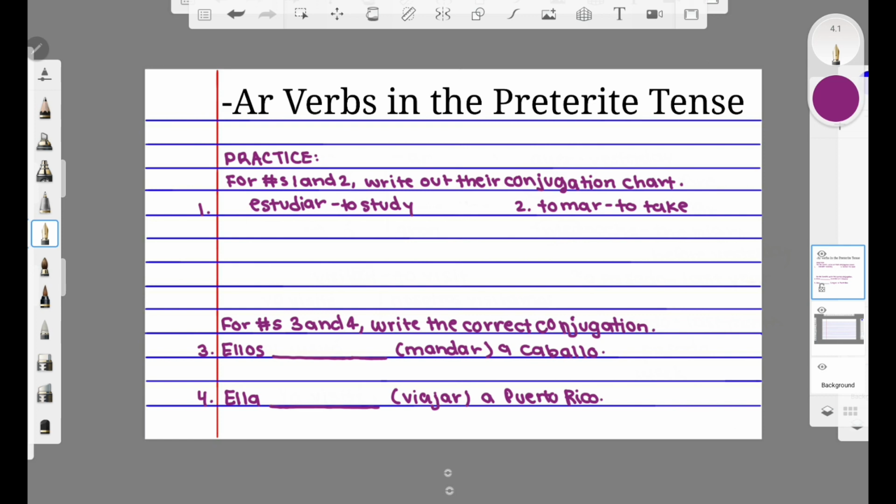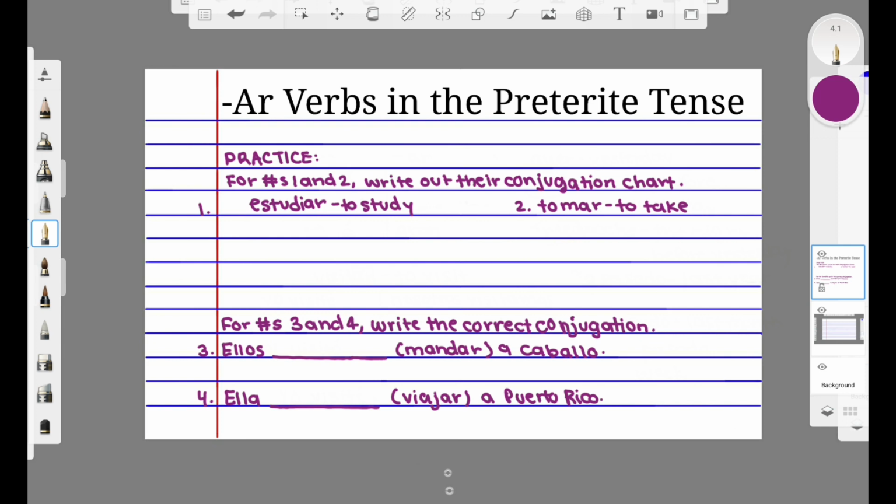All right, now it's your turn to practice. So we split up the practice into two separate parts. For number 1 and 2, write out the full conjugation chart like we did before. Keep in mind the endings are é, aste, ó, amos, asteis, aron, and just write down the entire word in each different conjugation.